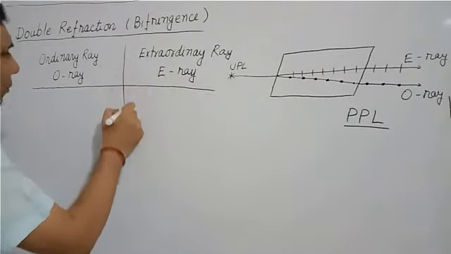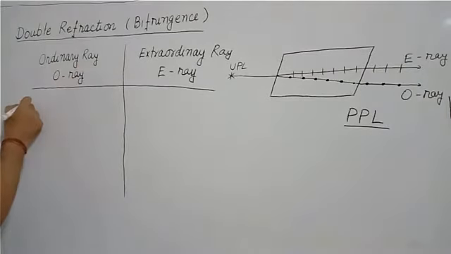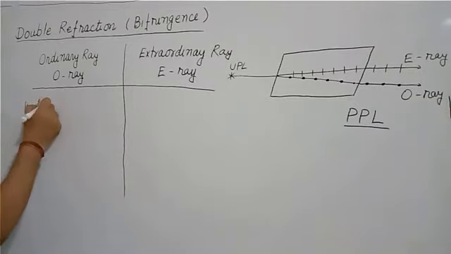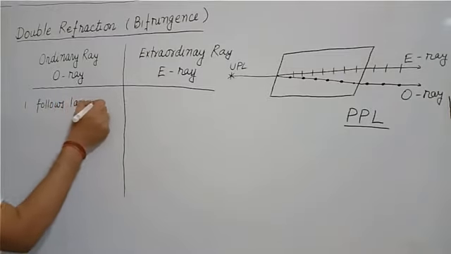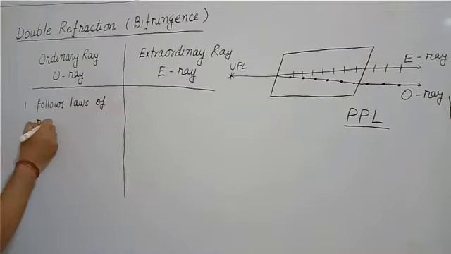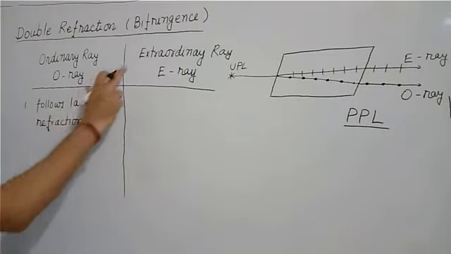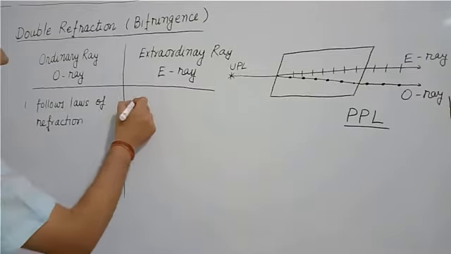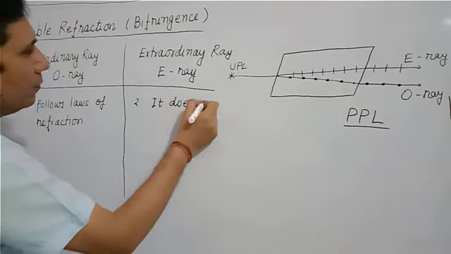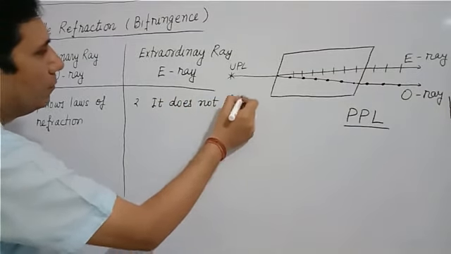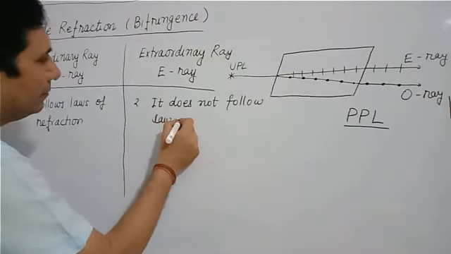First, the most important difference: as the name suggests, the ordinary ray follows the laws of refraction, while the extraordinary ray doesn't follow the laws of refraction.